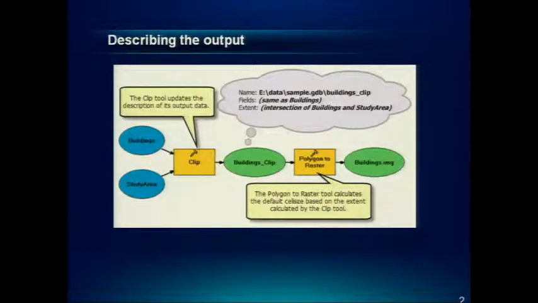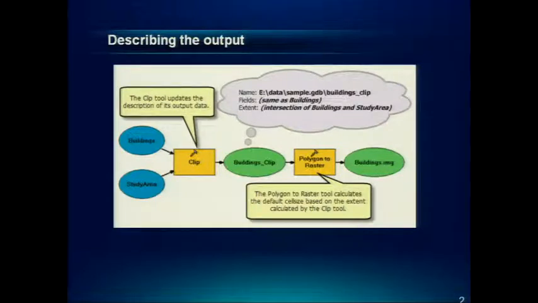Here's another example of describing the output. I'm using the Clip tool. The Clip tool takes a clip data set and clips it out. One of the things we want to do when we describe the output is this: we have a new feature class coming out, but it's going to have the fields of the input, not the clip. It's going to have the fields from the buildings data set.